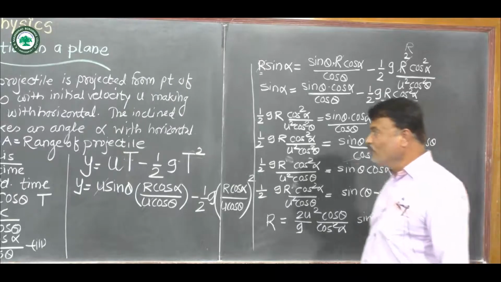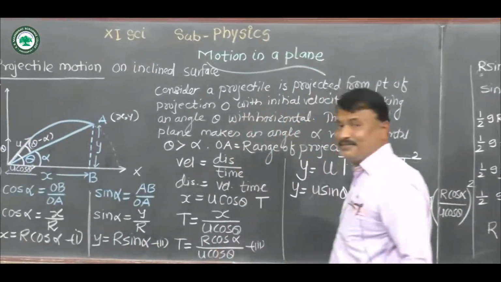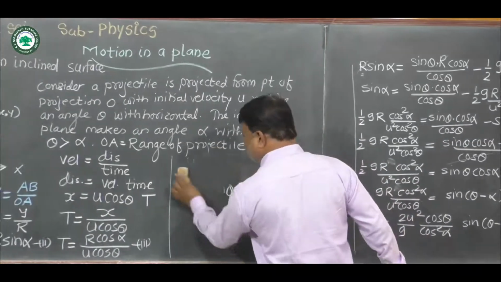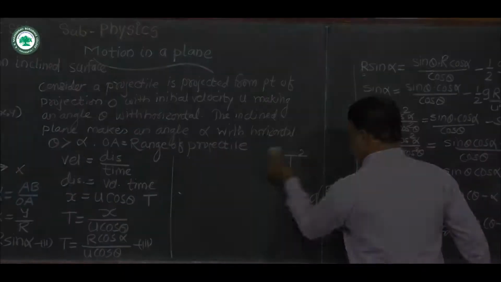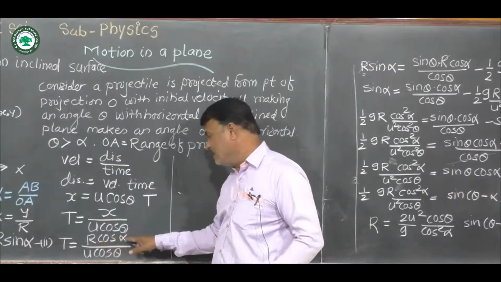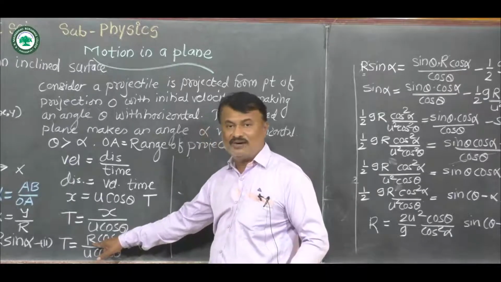Now we have to find out the period or time of flight. So for finding time of flight, we have to concentrate on equation 3. Equation 3 is capital T is equal to r cos alpha upon u cos theta. In this case we have to substitute the value of r.